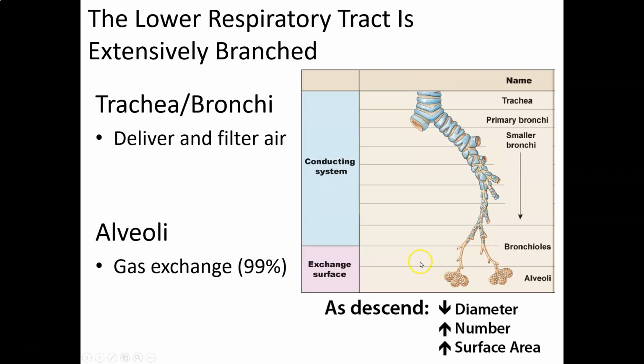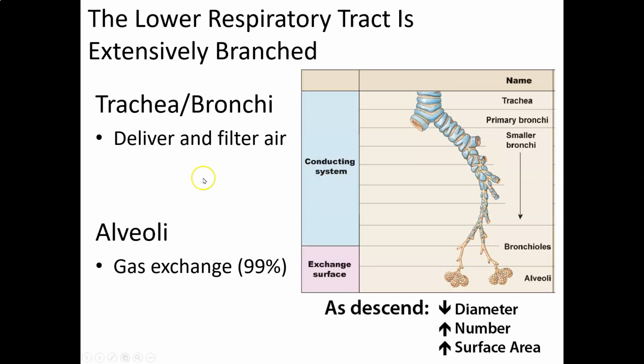The exchange surface is any part of your lungs that exchange gas. 99% of your gas exchange occurs in the alveoli, those grape-like structures, while only 1% occurs in, like, your respiratory bronchioles, as an example. If it's not an exchange surface, then it's conducting zone. And the conducting zone is the first 20-something odd orders of branching, your trachea, and anything above that, your larynx, your pharynx, your mouth, your nose, and things like that.